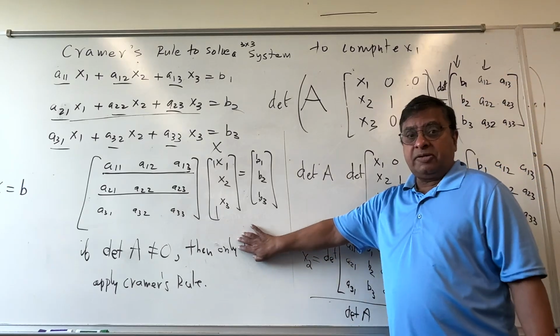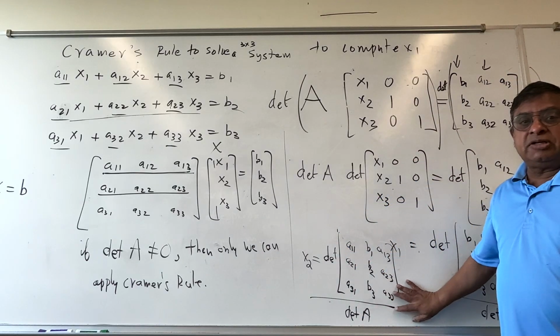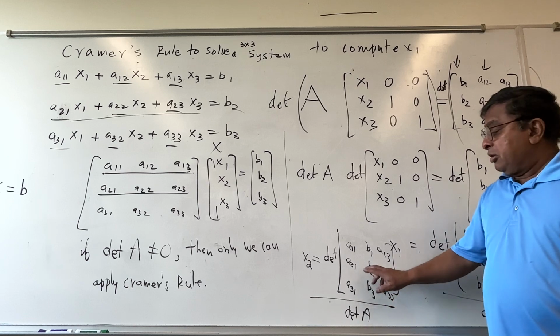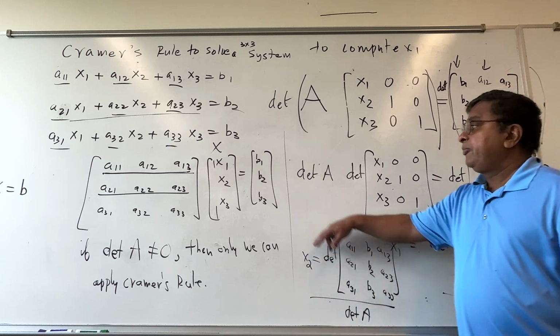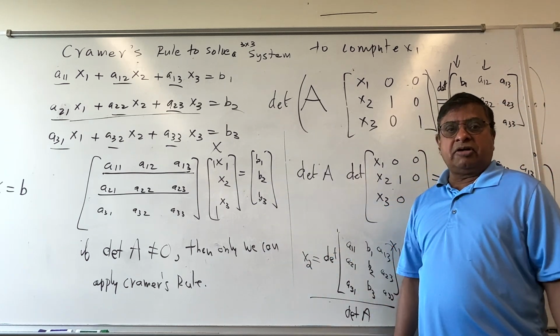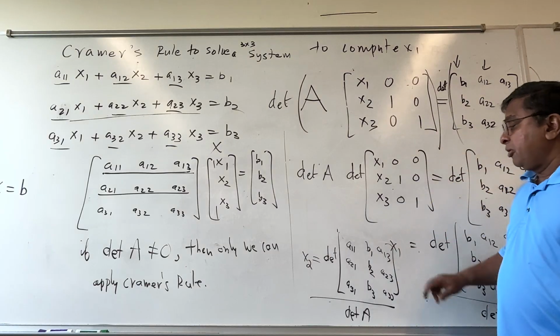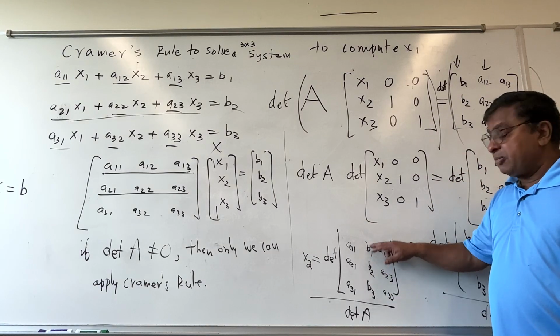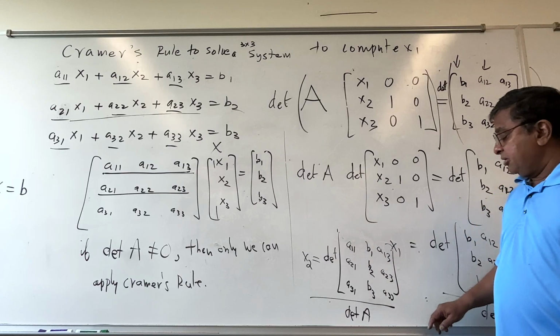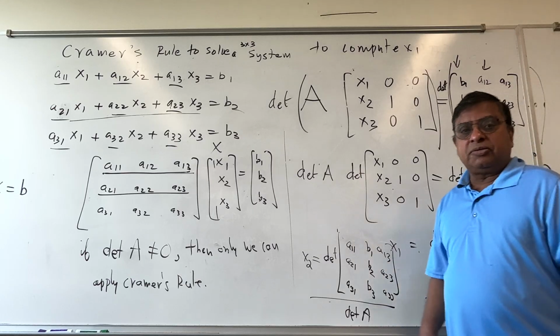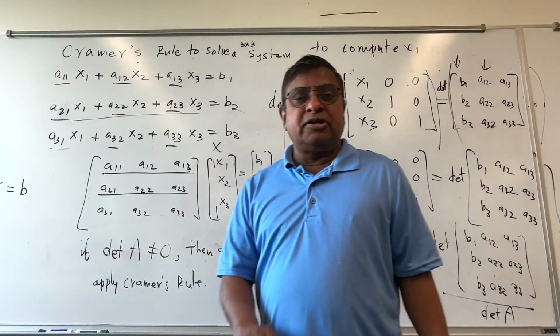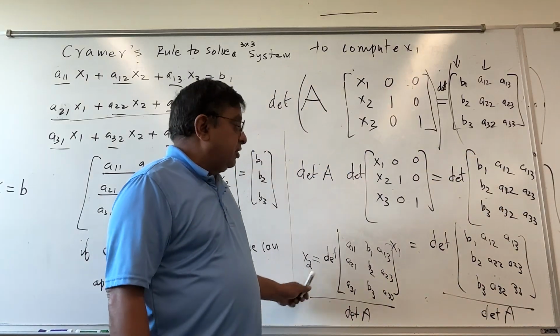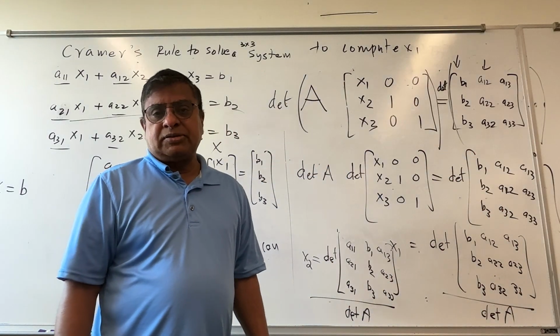One, det A. One, the determinant of the matrix replacing the first column by the output entries. Another one, the determinant of A with the second column replaced by the output, and the third column replaced by the output. Those 4 determinants will give you the values of x1, x2, x3.